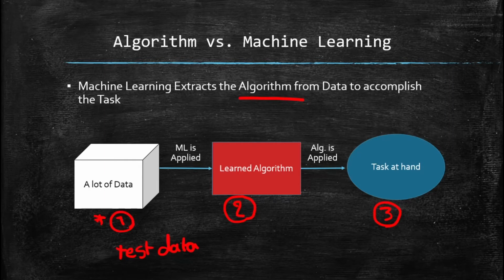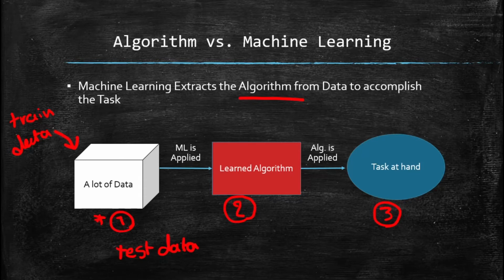So this test data is not in this box. What is in this box is called the training data. Using your training data that has loads of spam emails and loads of non-spam emails, your machine learning algorithm learns what makes a spam email spam and what makes a non-spam email non-spam.